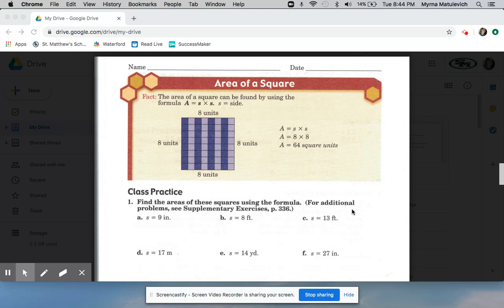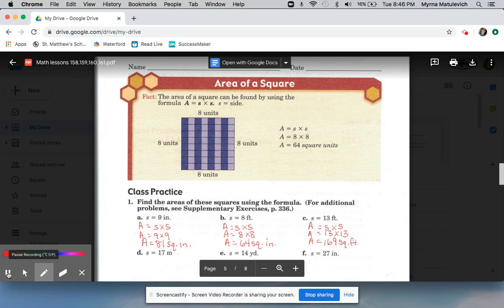Class practice. Find the areas of these squares using the formula. So just following the formula, you can see area equals side times side. I put that under each one. And then you have area equals 9 times 9, area equals 8 times 8, just substituting the length of the side in for the variable s.